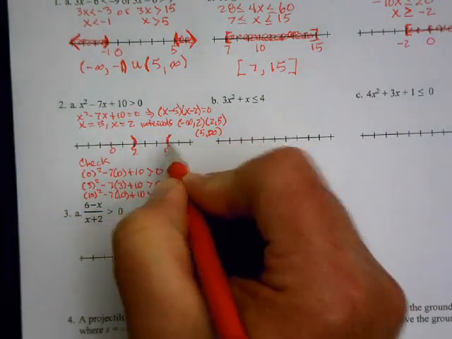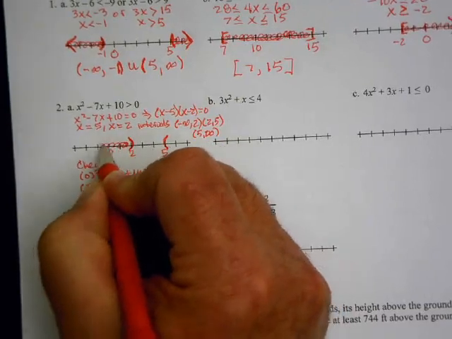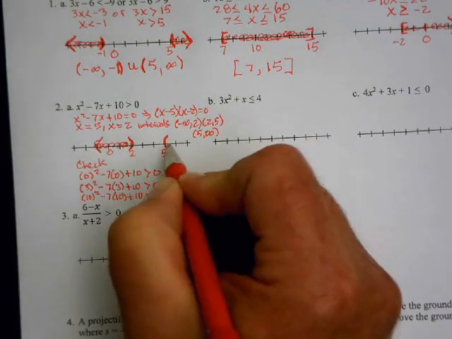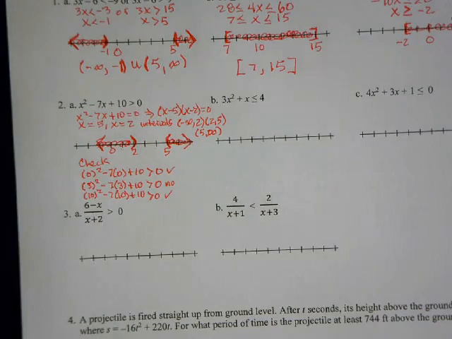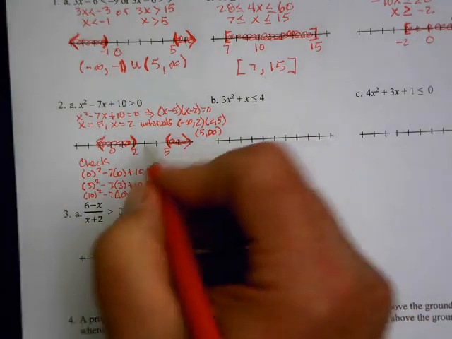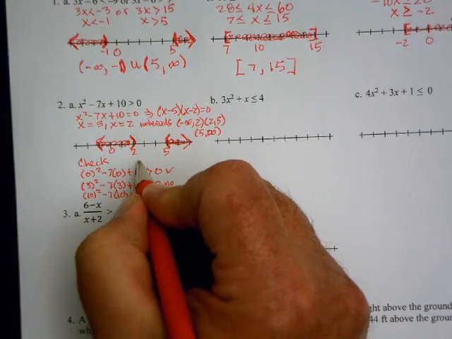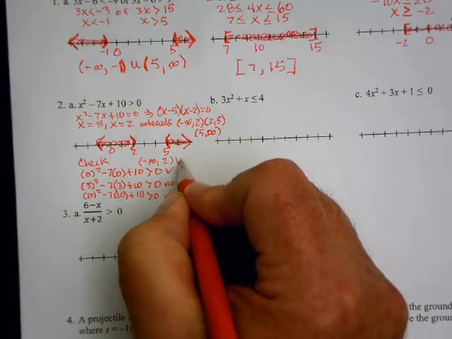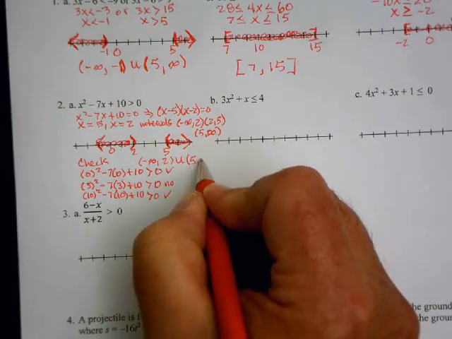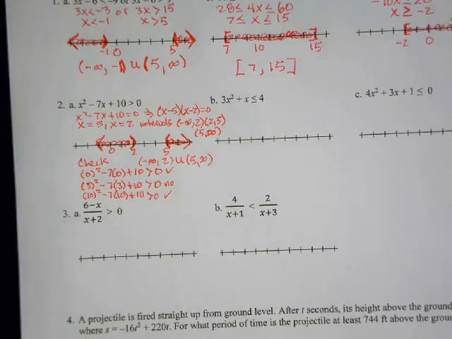There's one arrow. There's the other arrow. And in terms of interval notation, I'll do that up here. We're going to have negative infinity to 2 union with 5 to positive infinity. And that will be my interval notation for the answer.